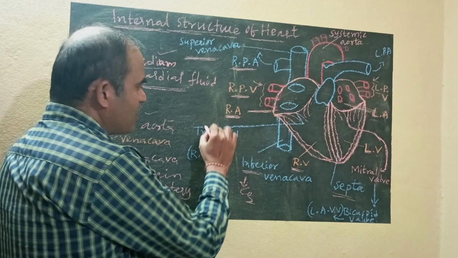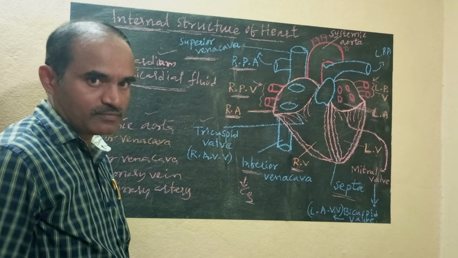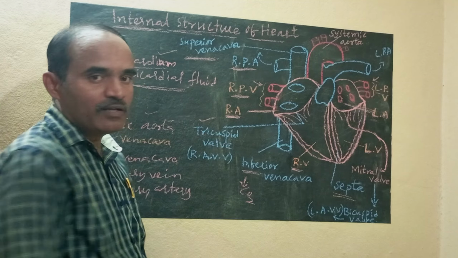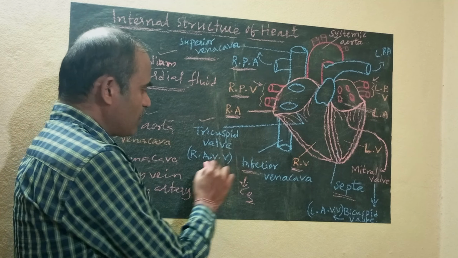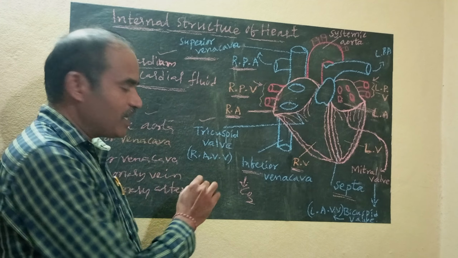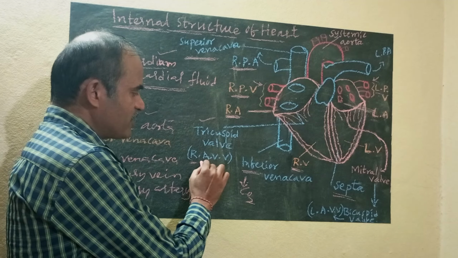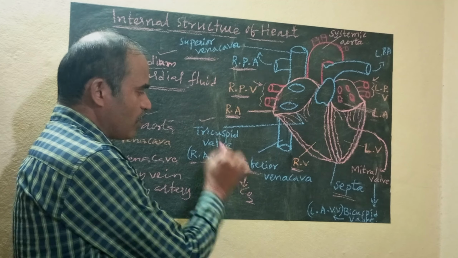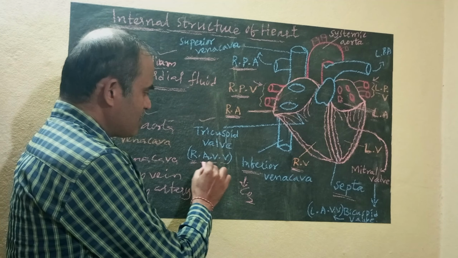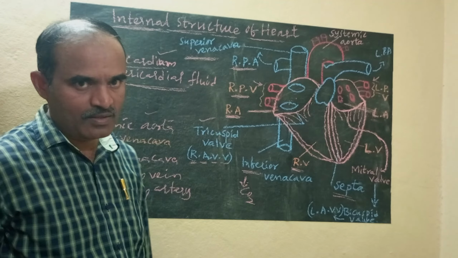The valve is called the tricuspid valve. It is also called the right atrioventricular valve.